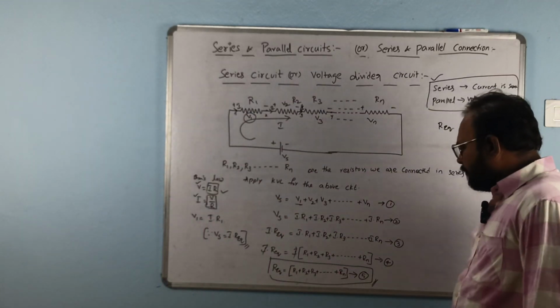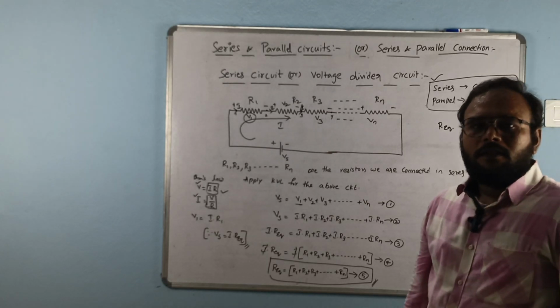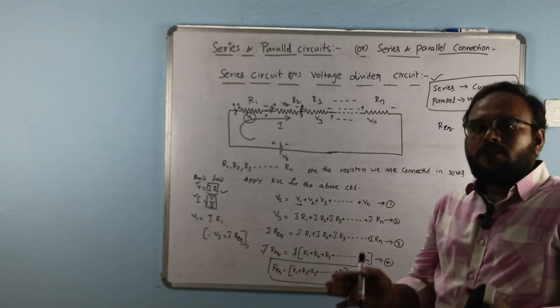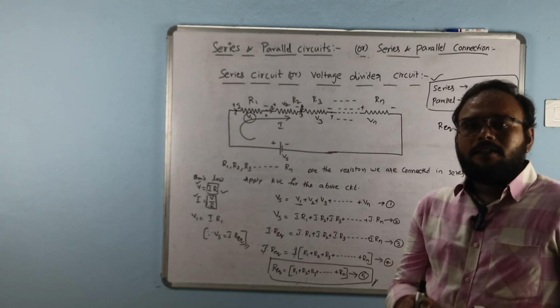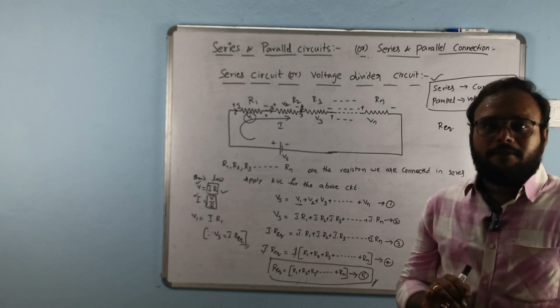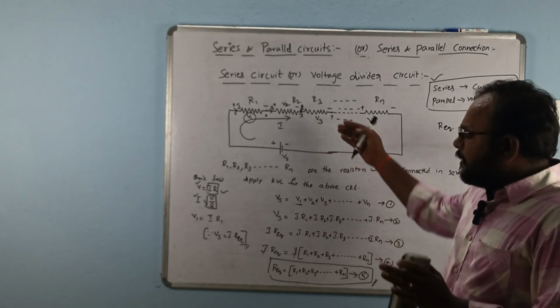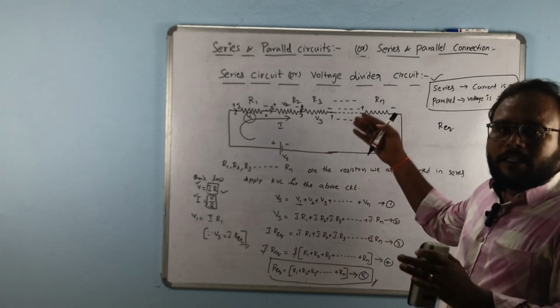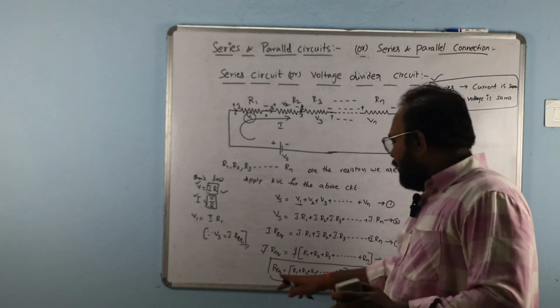What does this equation show us? If the elements are connected in series, and that too the element is a resistor, not an inductor or capacitor, not everything. It is a resistor.